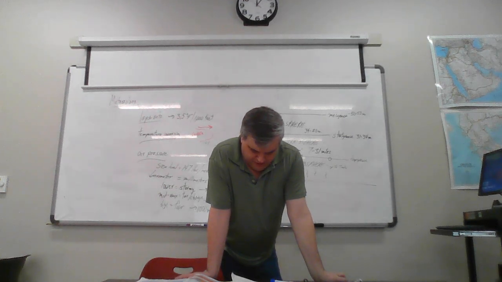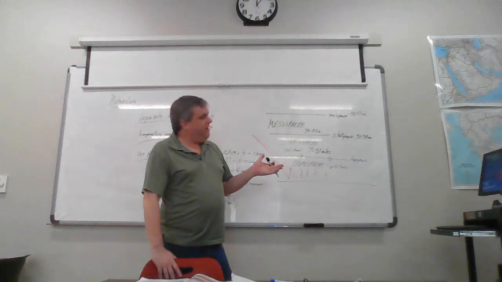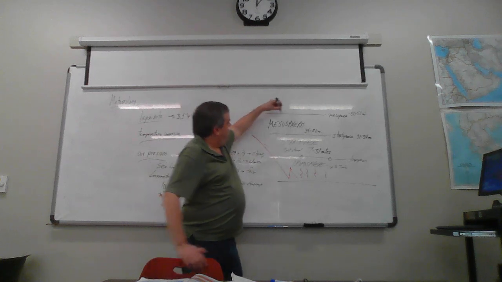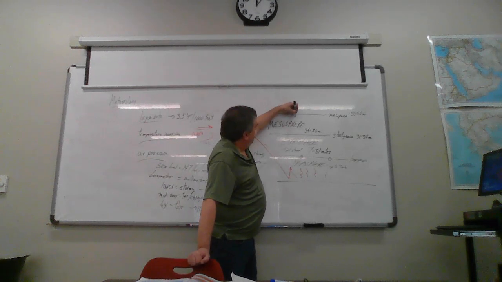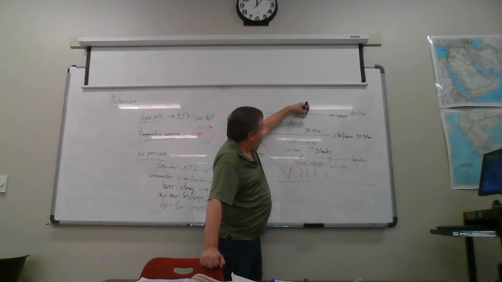Again, the atmosphere up here is very thin, so it can have some weird things happening. The ozone layer is generally about 40 to 50 miles up, the upper level of the mesosphere.